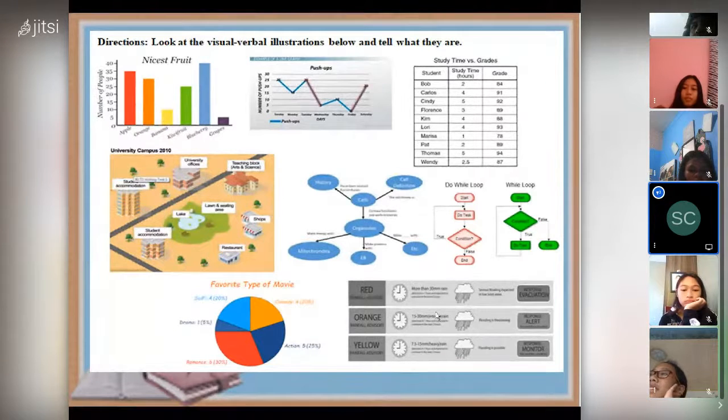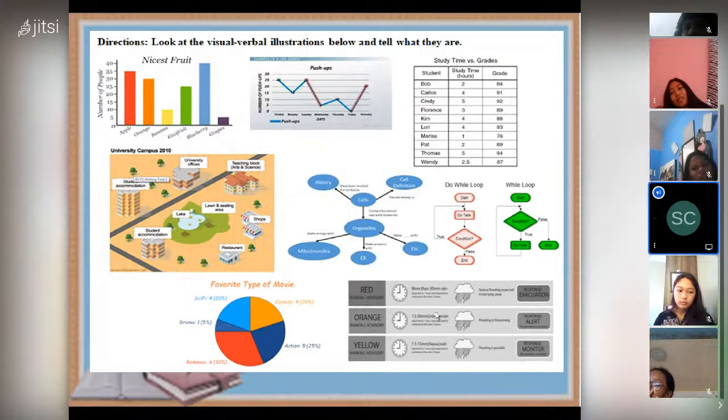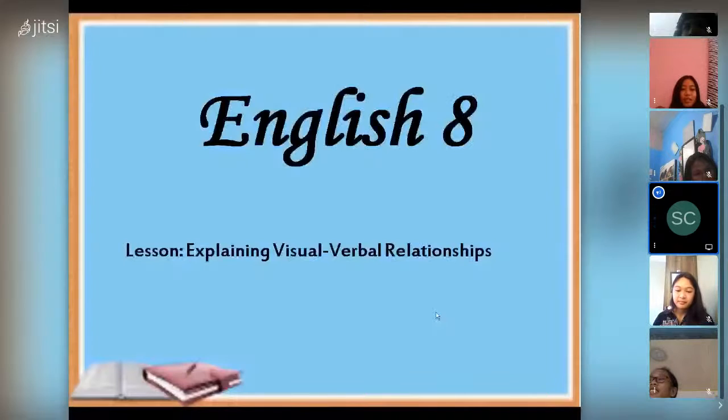What is it? Graphic organizer, sir? Oh, graphic organizer. But what kind of graphic organizer? It starts with letter C. Two words. The first word is C. The second word is M.